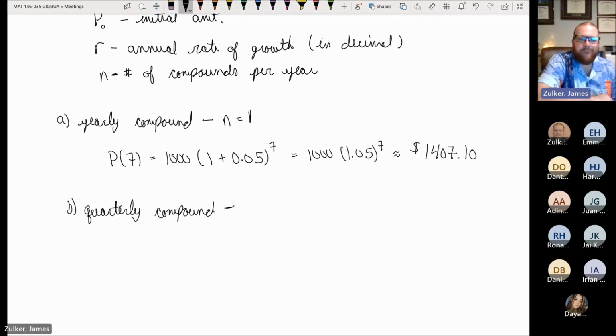Quarterly compound. So if it compounds quarterly, then how many compounds in 1 year do we have? 4 of them, right?